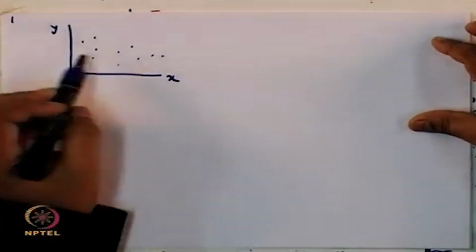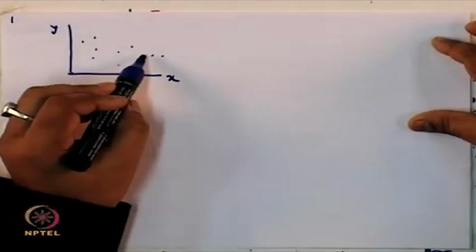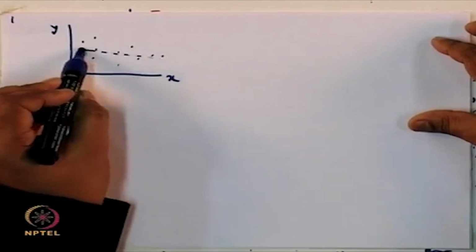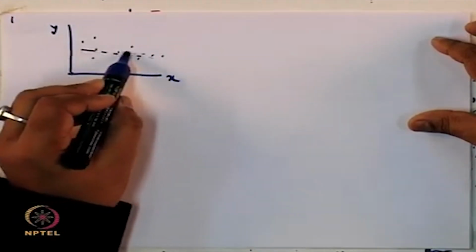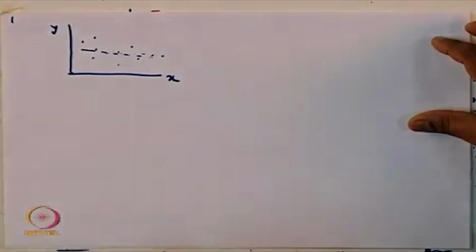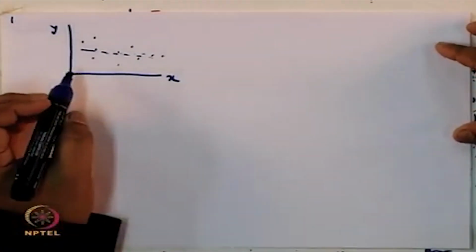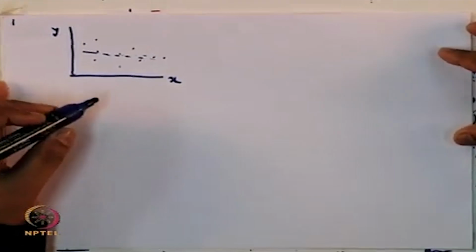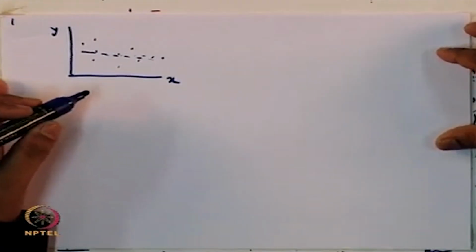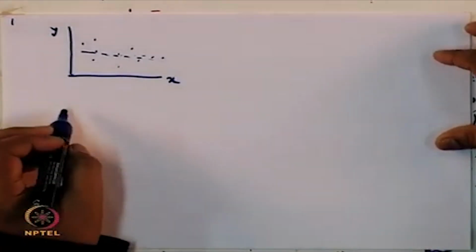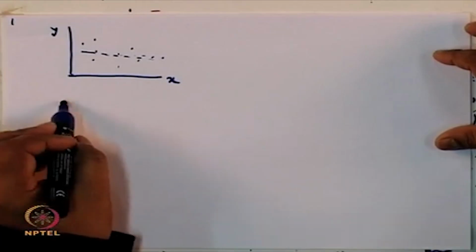In this particular case, we can draw a curve something like this, we can draw a curve which is horizontal, and so on and so forth. To quantitatively determine the extent of correlation between two variables x and y, we compute the correlation coefficient.